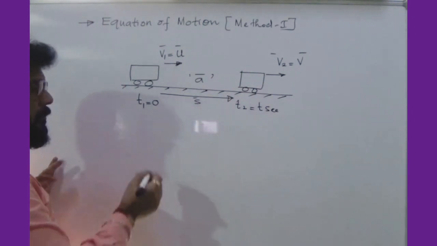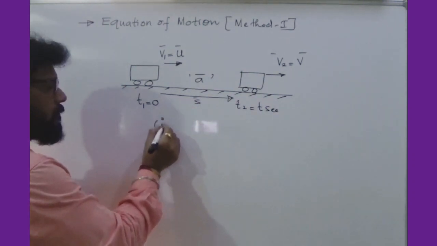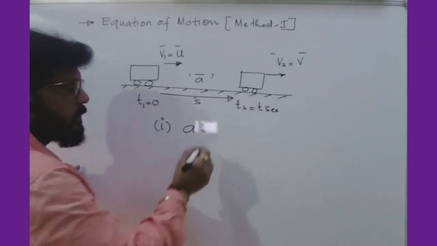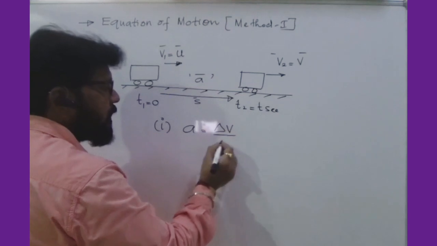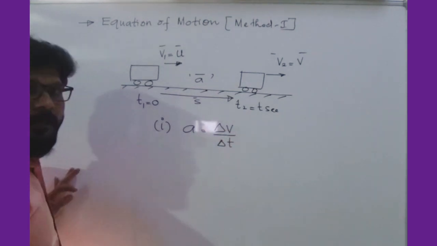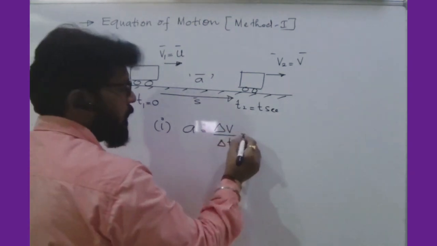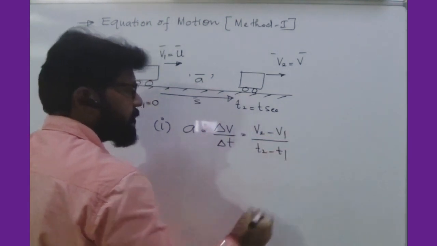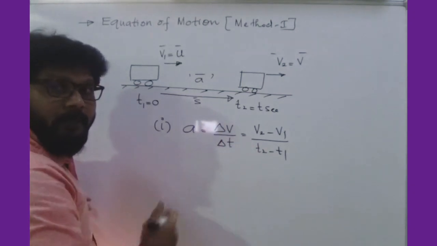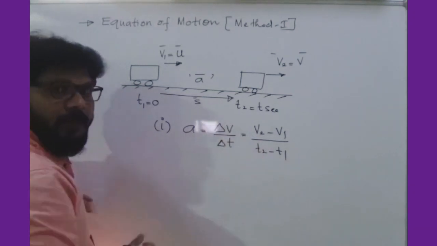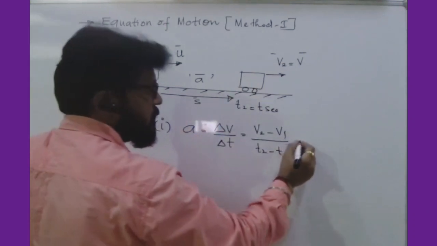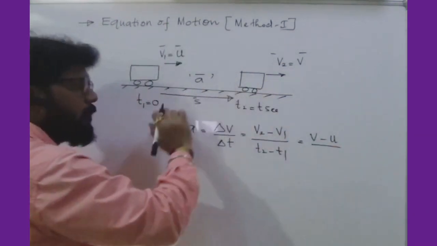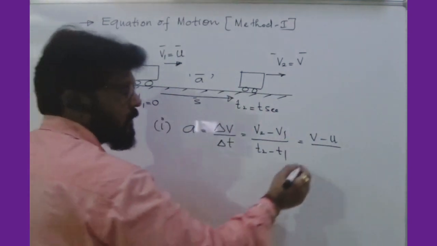First, according to the definition, acceleration is the rate of change of velocity. It's nothing but delta v by delta t. This can be written as v2 minus v1 divided by t2 minus t1. v2 is the final velocity v, minus the initial velocity u, divided by t minus 0, which is t.